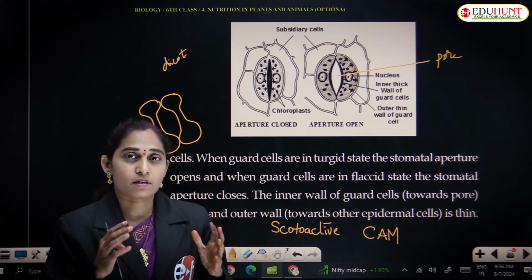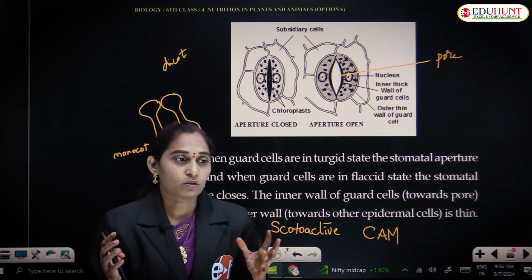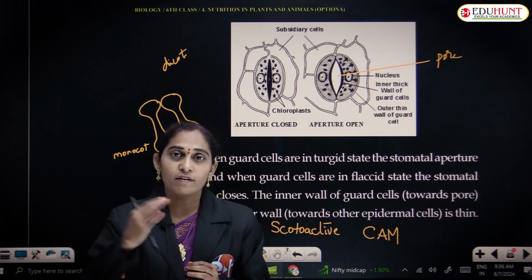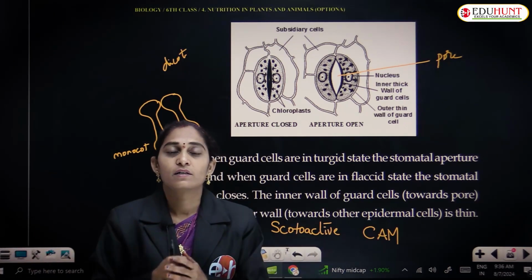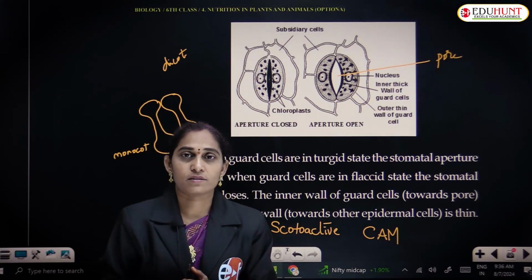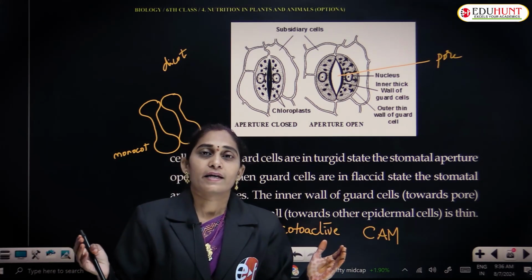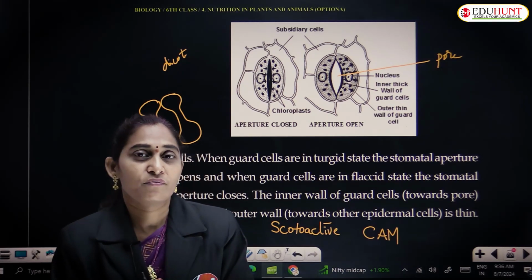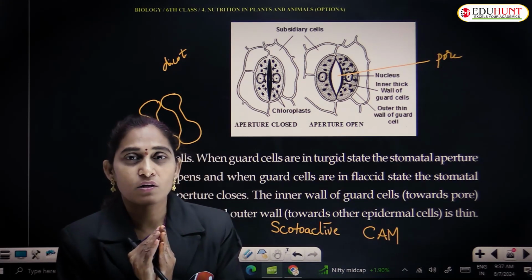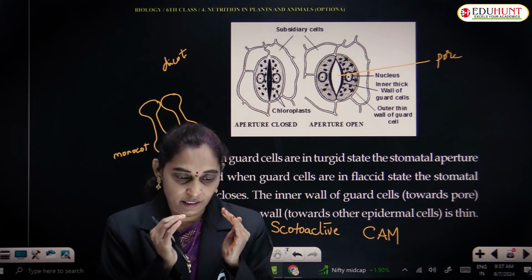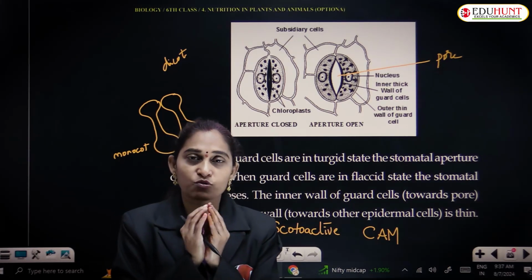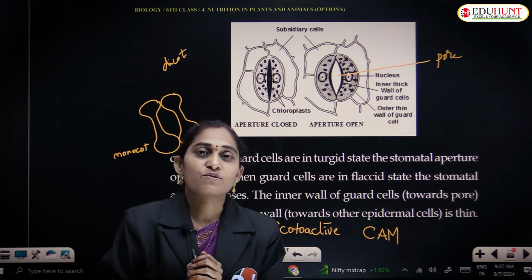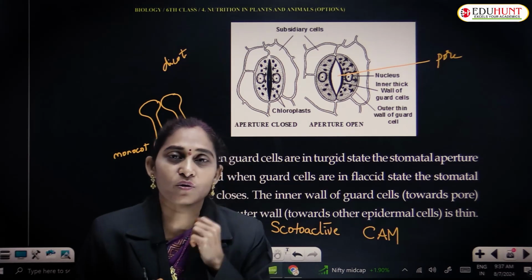Then the surrounding cells, to compensate, give water from the accessory cells. Like that, water moves into the cell during daytime. If the cell takes up water, it becomes swollen. That is why the pore opens during daytime.